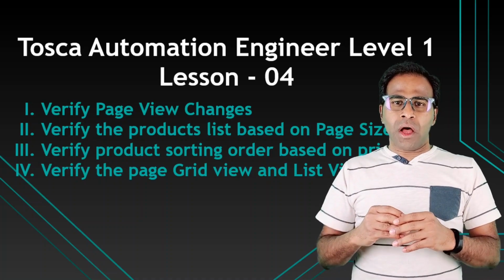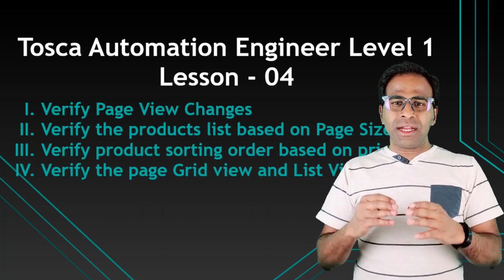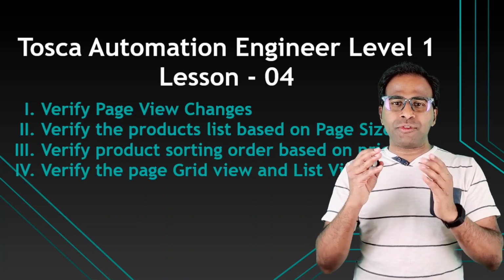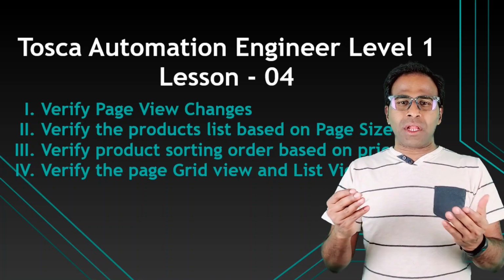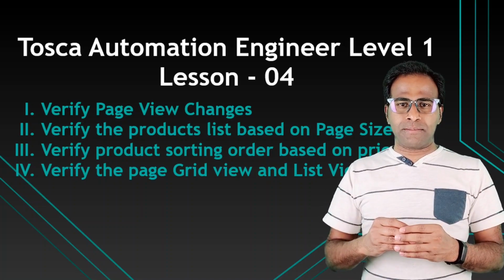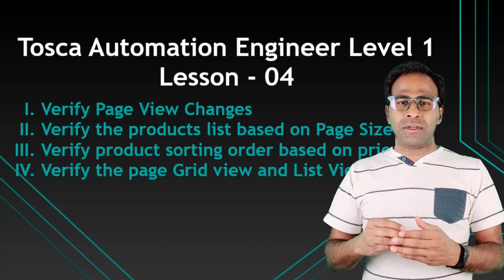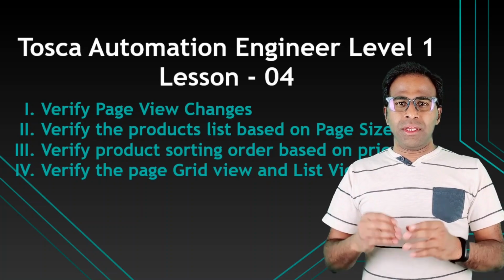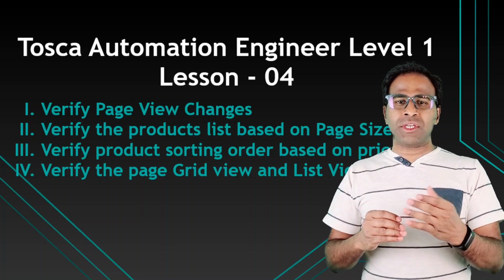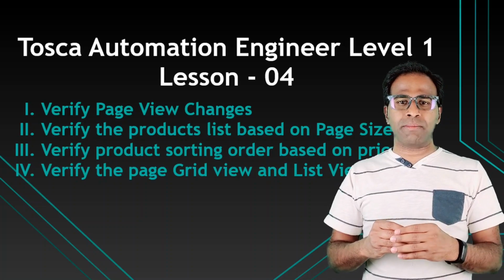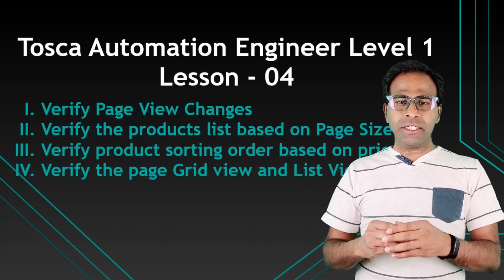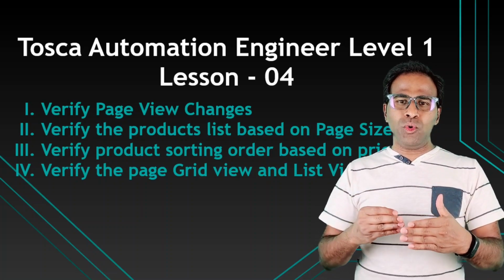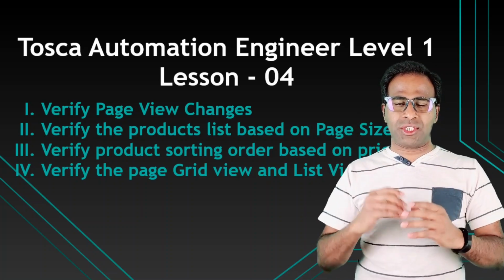scenarios. How can we validate different types of page views in websites like e-commerce websites? When you search a product on Amazon or Best Buy or whatever it may be, there are different views of that particular product page, right?